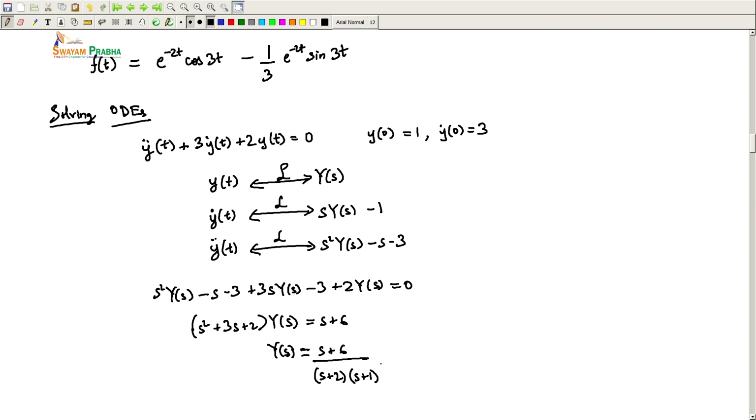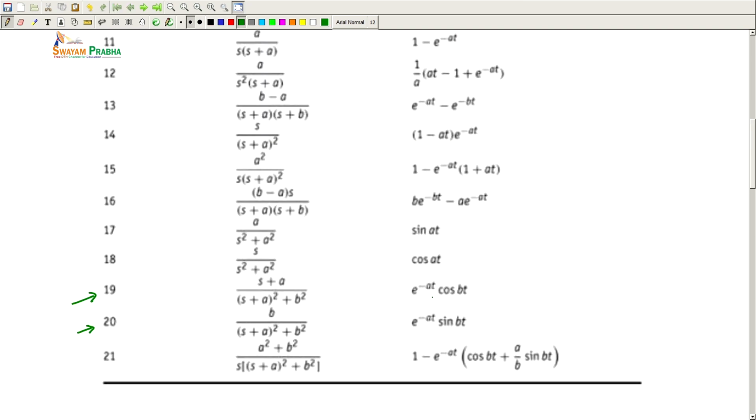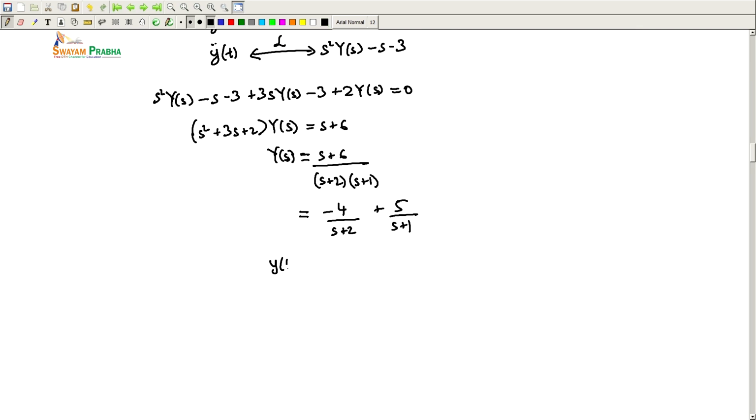Then we can use partial fractions as done in the previous examples, and then go back to the table, entry number 7, which gives 1 by s plus a, and the corresponding time domain function will be as follows.